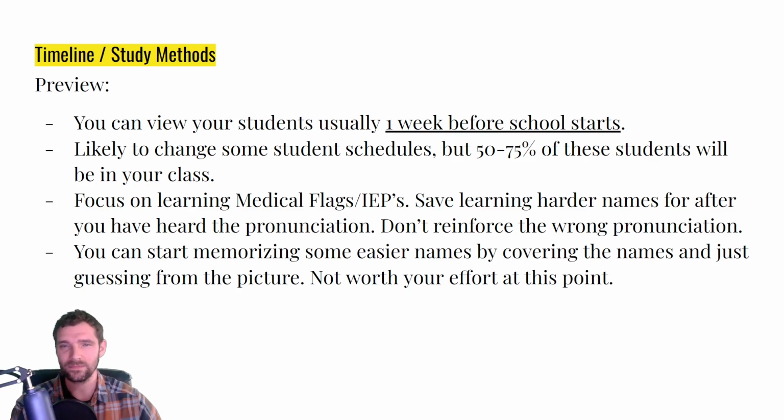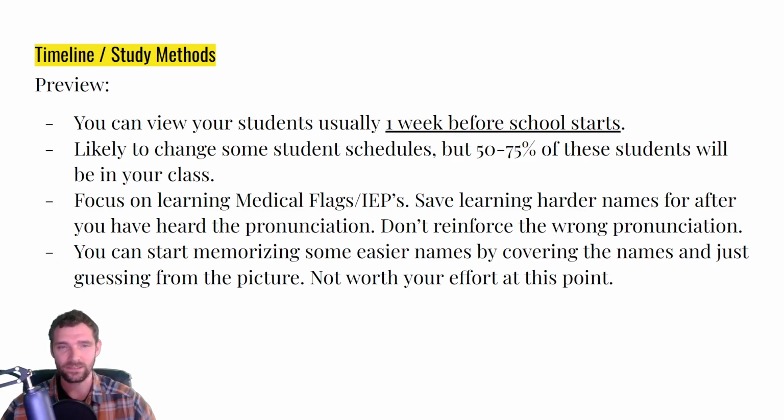And most of the time, these lists are not done. They still need to have people being adjusted, and they're making class sizes the right class size for all the different teachers. And so people will be moved around, but in my experience, I've had about half of my students in class that I had on those lists.